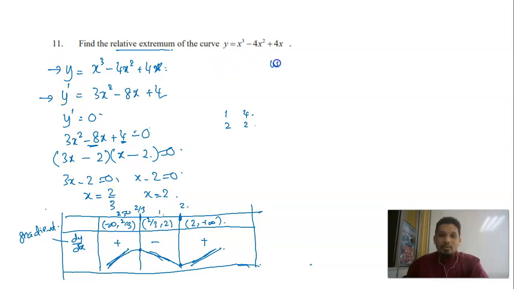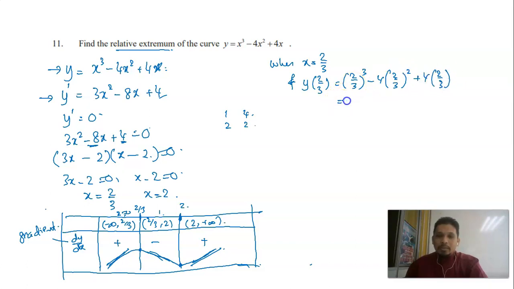So when x equal to 2 over 3, then y or f of 2 over 3 equal to 2 over 3 cubed minus 4 times 2 over 3 squared plus 4 times 2 over 3. Once you get the value of this, list down 2 over 3 and the value here as the coordinate of this stationary point.